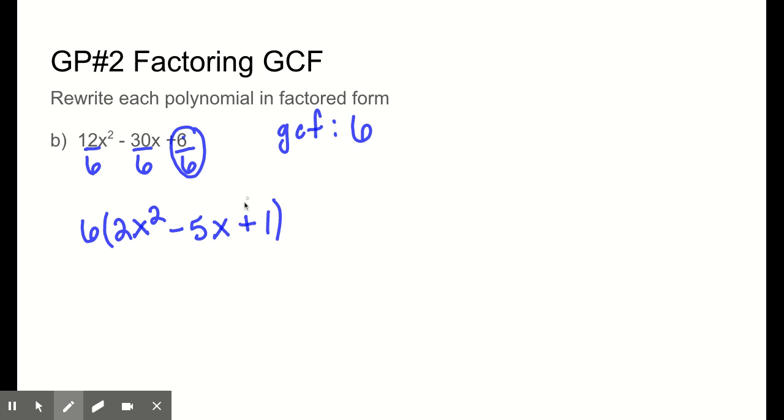And if there's no term here at the end, then you're not going to have anything to multiply the 6 to, which is not going to give you the 6 in the original polynomial. So again, you must always put the 1 when you divide out if there's nothing else left over. And again, this is the factored form when you divide out the greatest common factor.